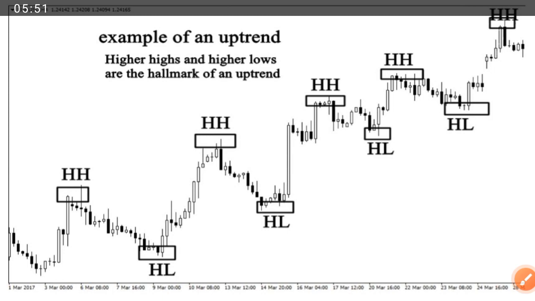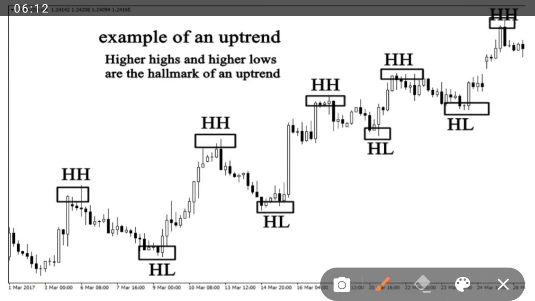Now look at this. This is an example of an uptrend market. How do you identify it? You see, it is making higher highs and higher lows. What do I mean by higher highs? Now, in the market, when you open your chart, we have the highs, we have the lows.